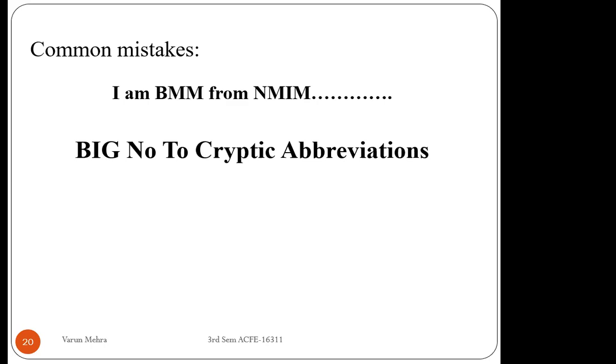Recently, he has joined the organization and he has come to the college for campus placement. Now you are saying that I have done a 4-year degree program or I have done 2 months training from VMM. He doesn't know in Amritsar what is VMM. You know about VMM, but he doesn't know. So never ever use cryptic abbreviations.